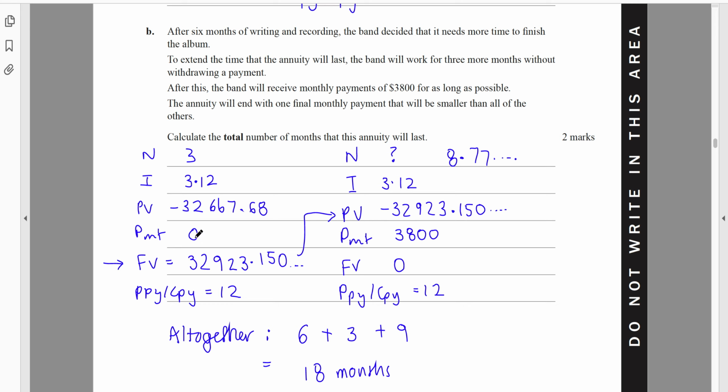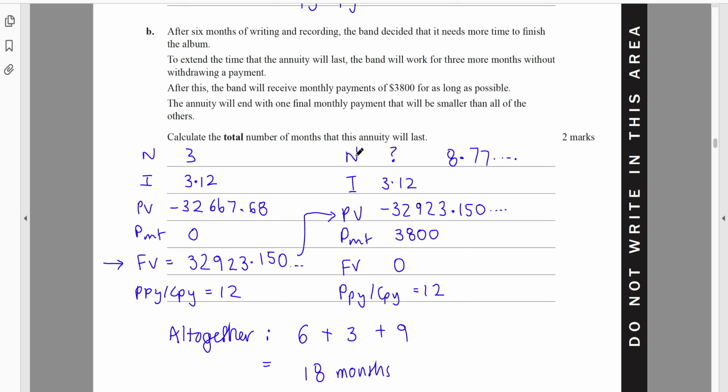PMT we're changing to 0 because they're not withdrawing money. All the other stuff was the same. So the PPY, CPY stayed the same. I then solved FV and found what that was. And so now what I know is after this initial 6 months, an additional 3 months, so 9 months have passed altogether, they have 32923.15, etc. in the annuity.